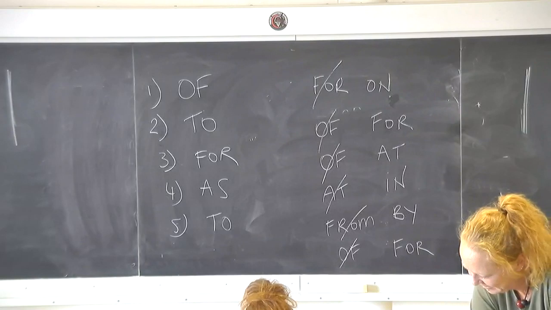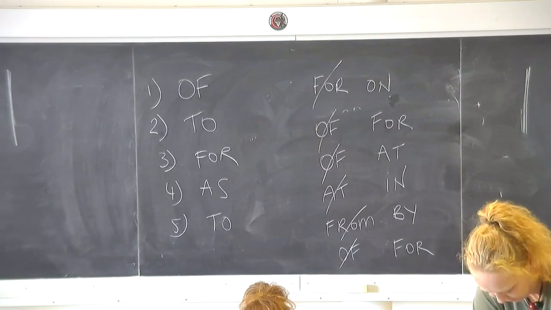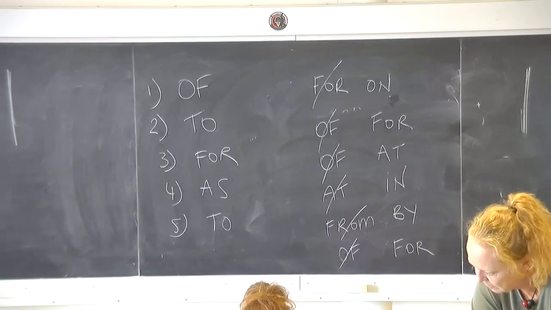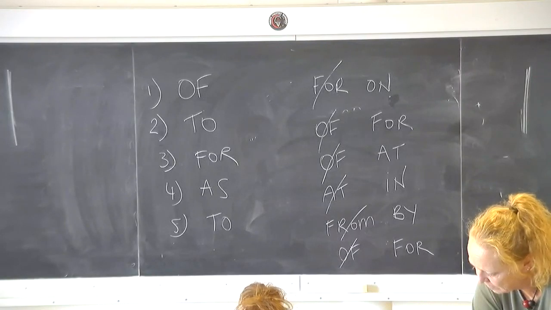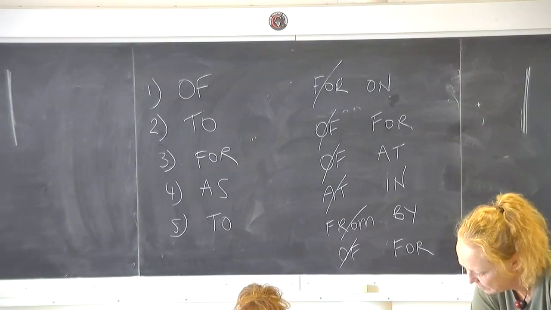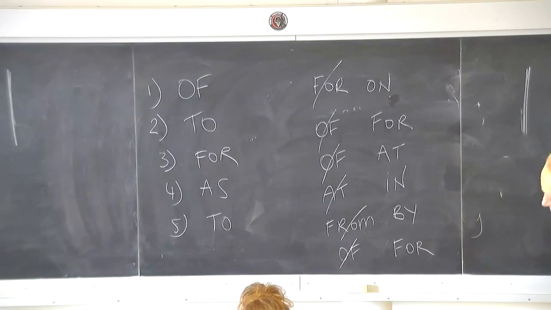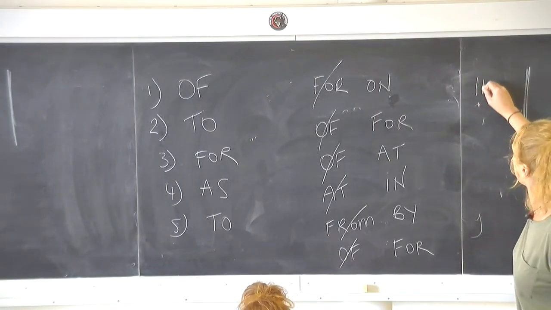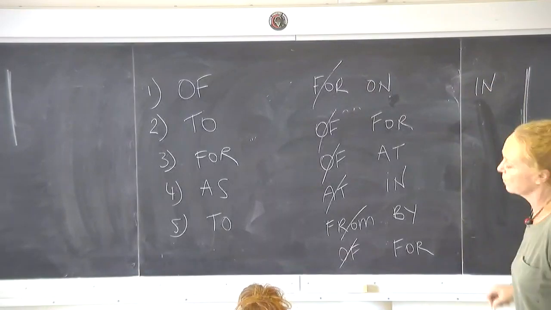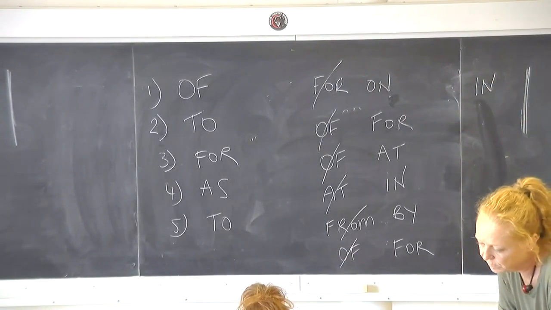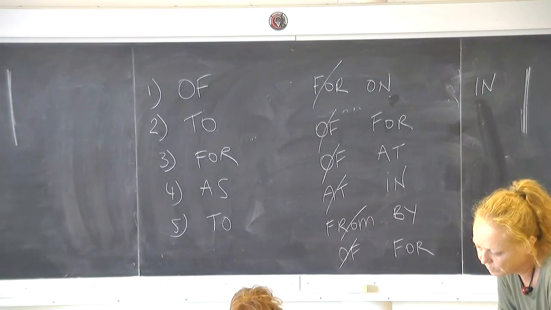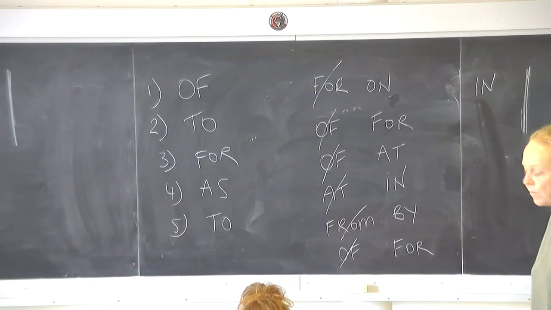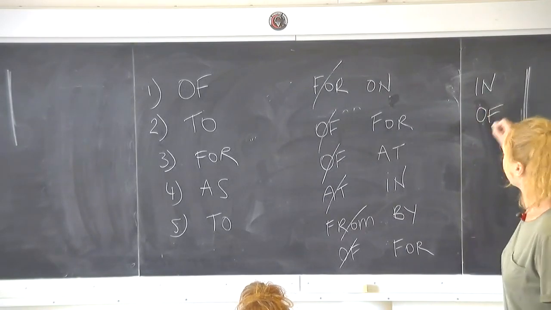Okay, and the last exercise. In the sentences below, circle the correct preposition from the two options offered. The most important provisions in the agreement are as follows. Clause 7 covers the sale of partnership assets.